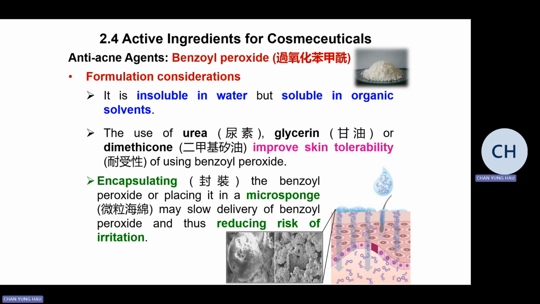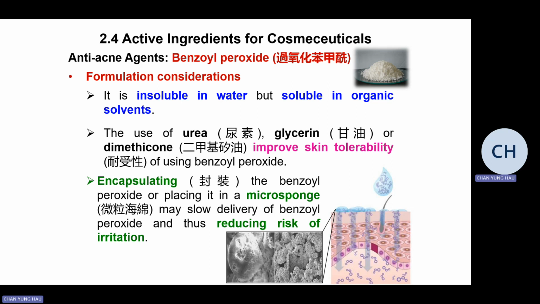For formulation considerations of benzoyl peroxide, it is insoluble in water but very soluble in organic solvents. The use of urea, glycerin, or an emollient such as dimethicone will improve the skin tolerability when using benzoyl peroxide.